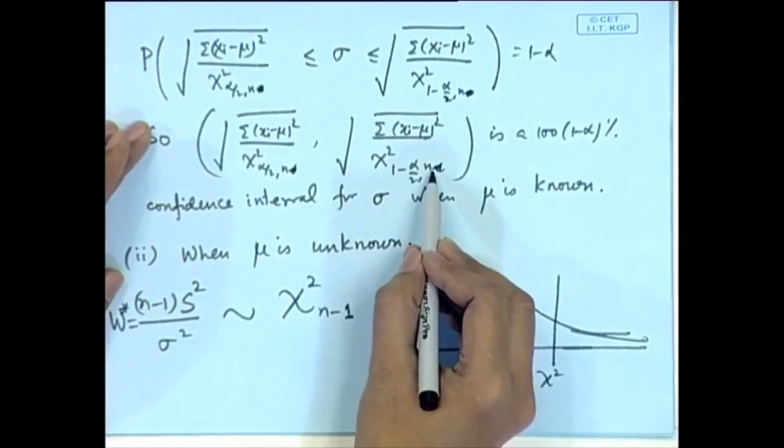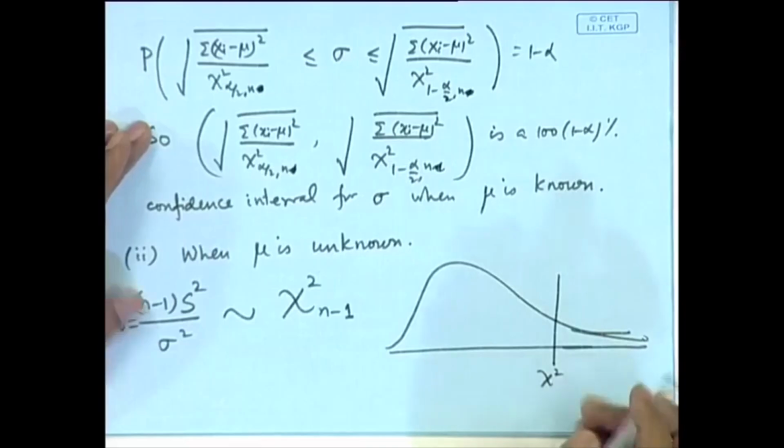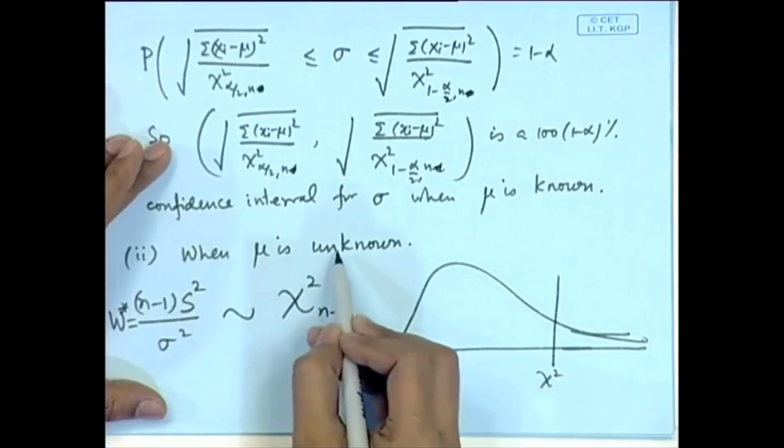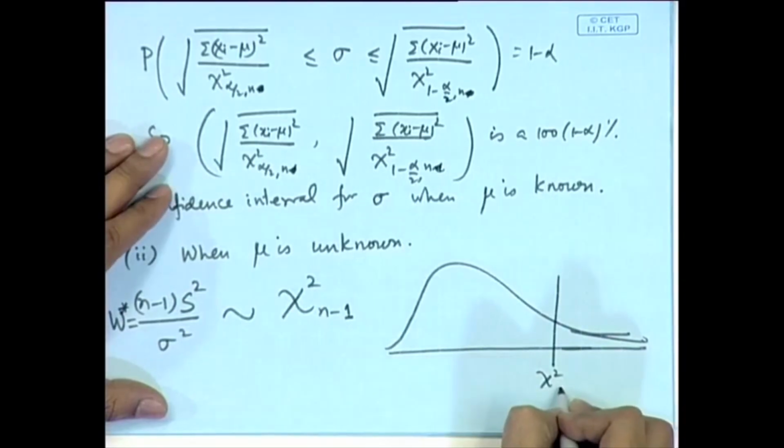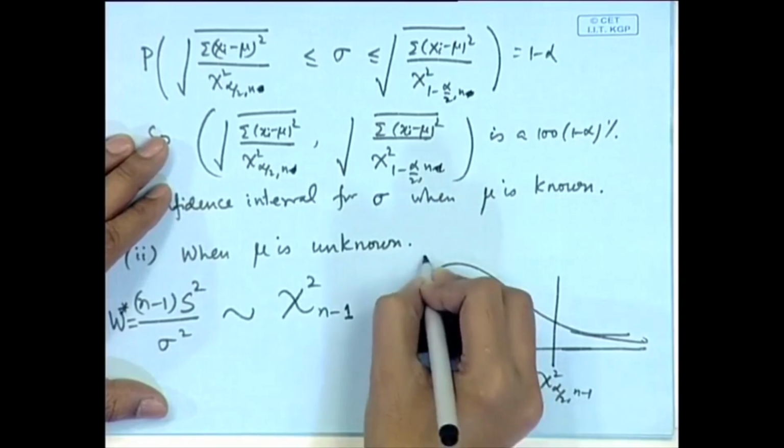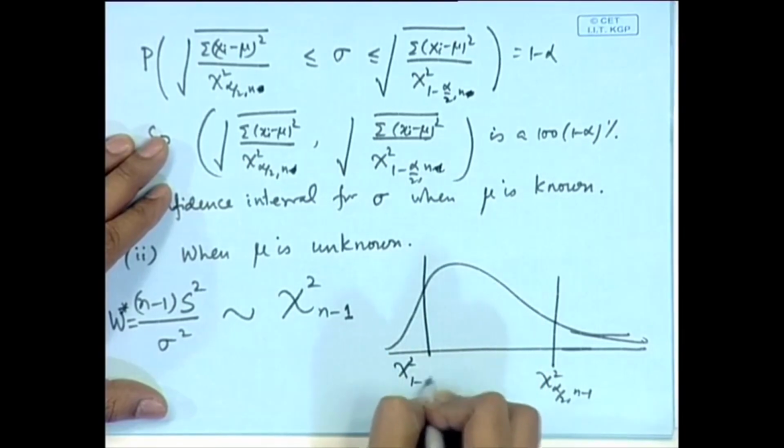Here the degrees of freedom is n, whereas if I am considering mu to be unknown, then this has a chi square distribution on n minus 1 degrees of freedom. So, we will consider the points chi square alpha by 2 n minus 1 and chi square 1 minus alpha by 2 n minus 1.